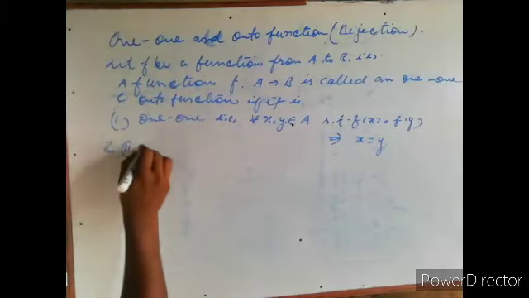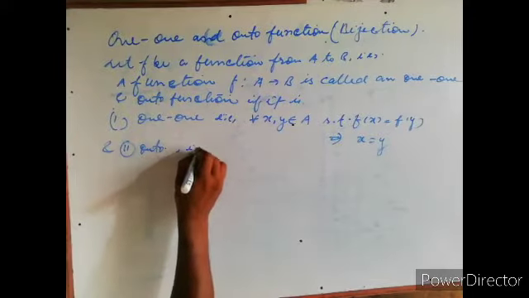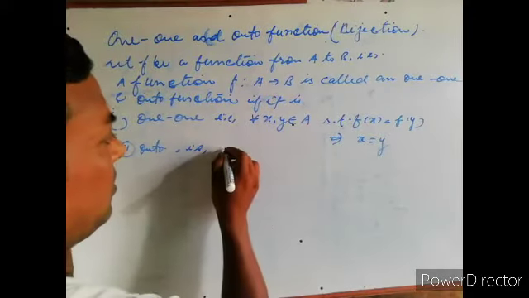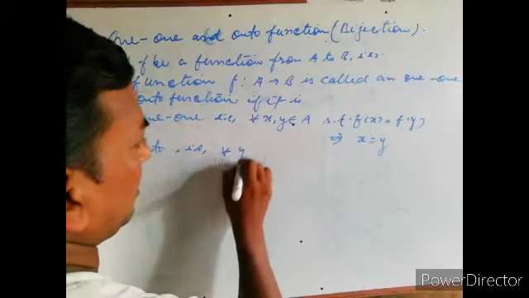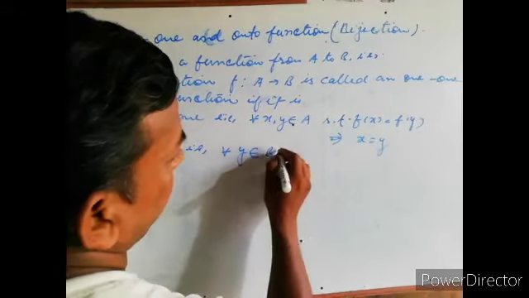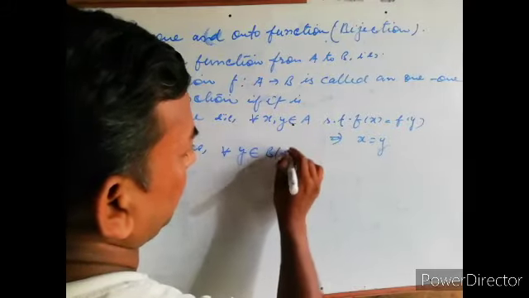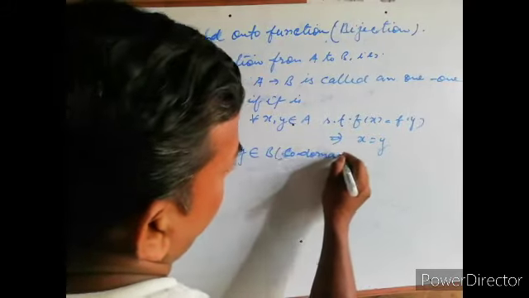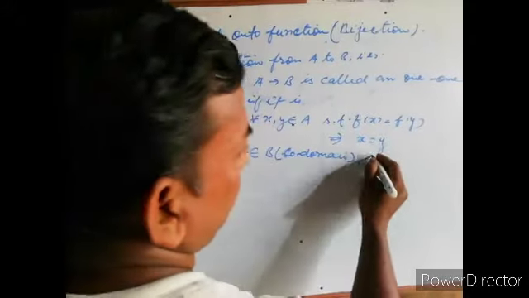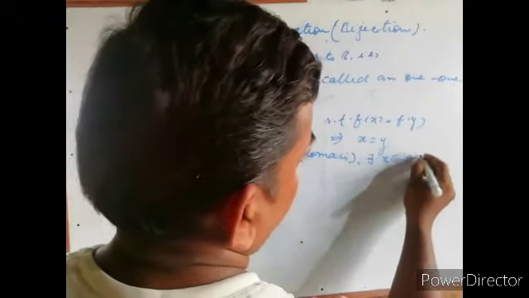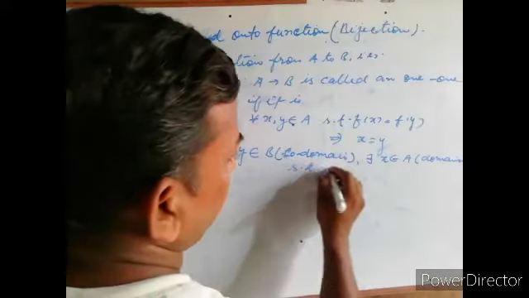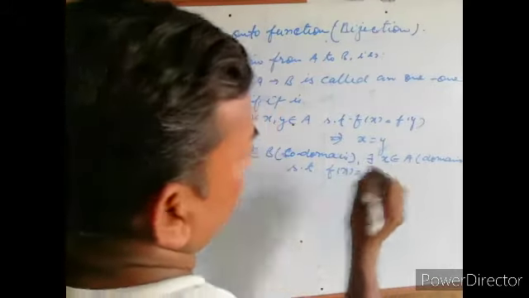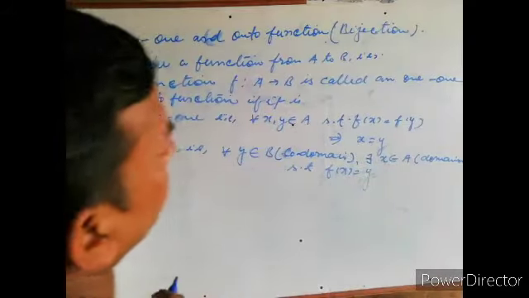And second, onto, that is, for all y belongs to set B, that is codomain, there exists x belongs to A, that is domain, such that f of x is equal to y.